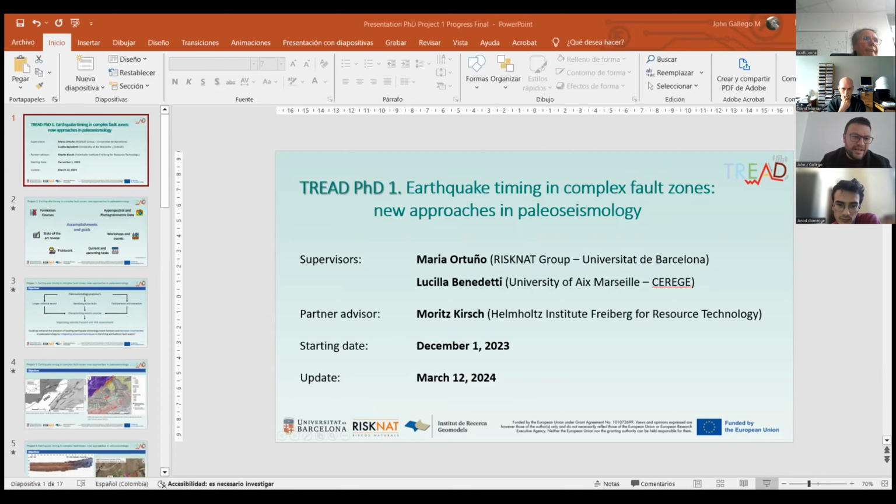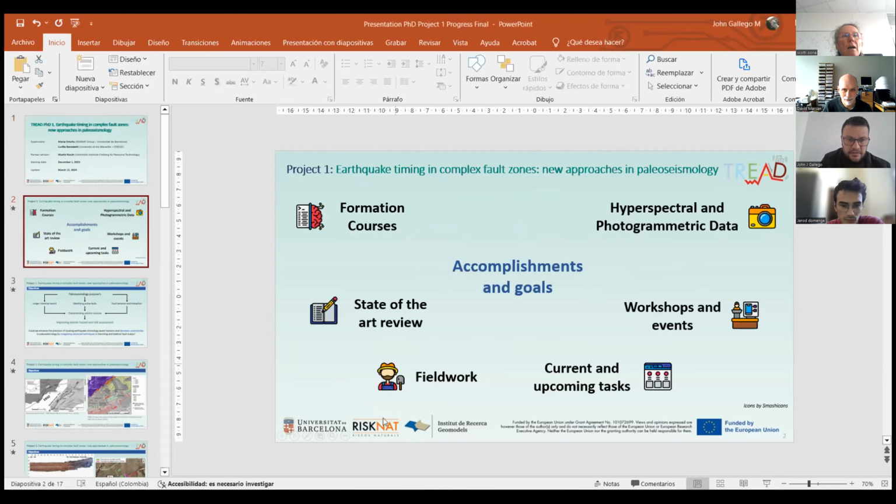Here is more or less what we are going to see in the presentation. Again, a bit about the goals of my PhD, the methodology I'm undertaking regarding the reference review, the courses and topics I target to learn, and some information again regarding hyperspectral imagery. I am not seeing it. Your slide is not changing. It's not changing? No. Okay, let me see it again. Sorry. Maybe you should put it on full screen. Exactly.